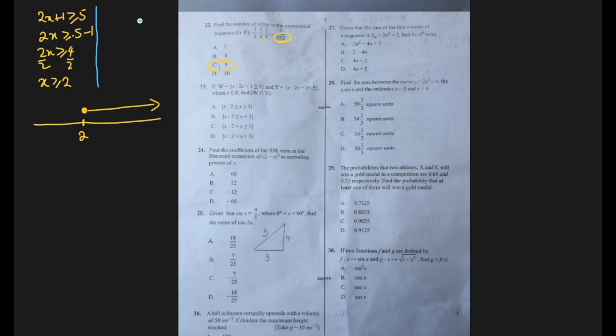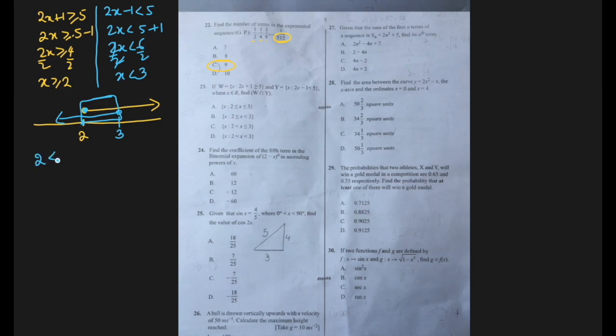So let's solve the second one. 2x minus 1 is less than 5. So 2x is less than 5 plus 1. 2x is less than 6, divide by 2, x is less than 3, only less than, not equal to. Suppose this is 3. So what is common between them is this. 2 is part of the answer, and here also 2 is part of the answer.